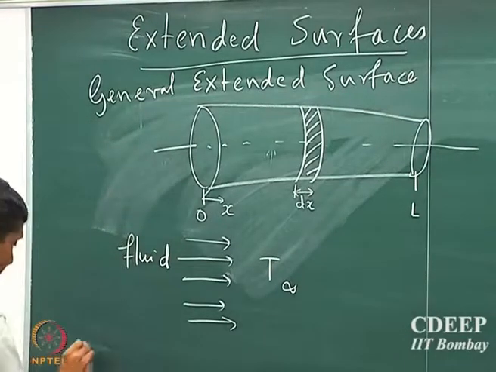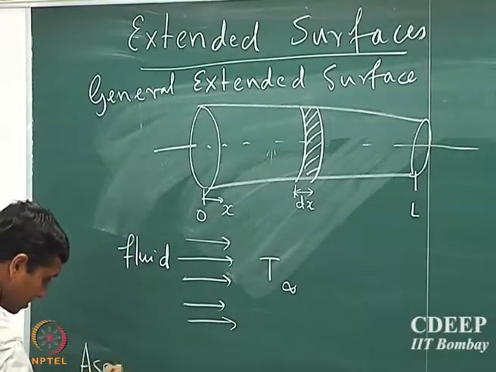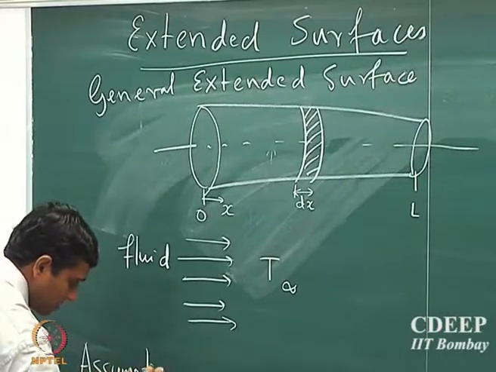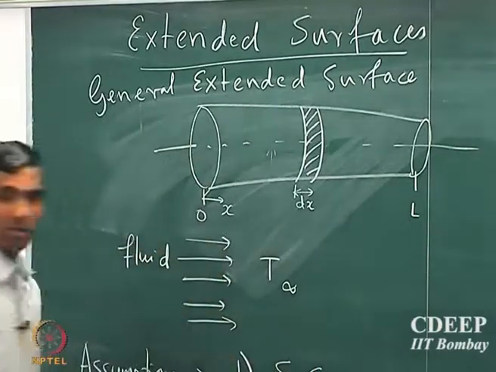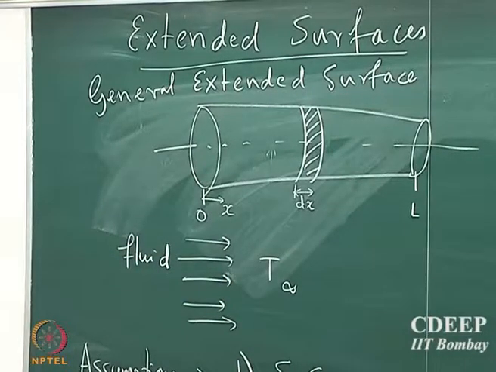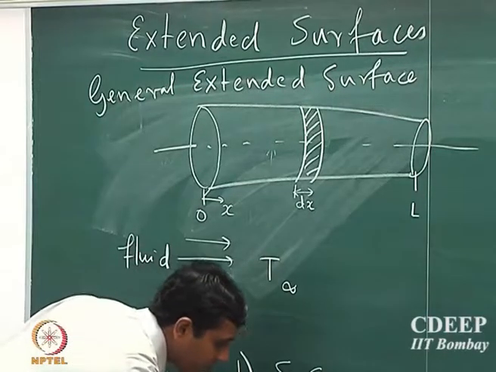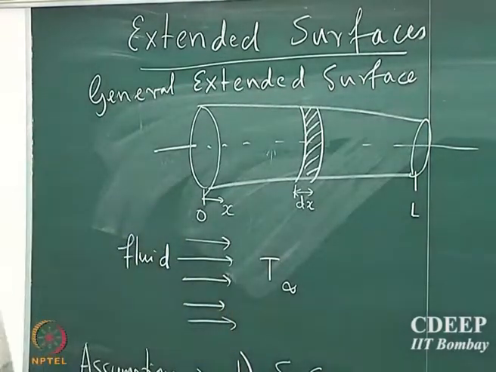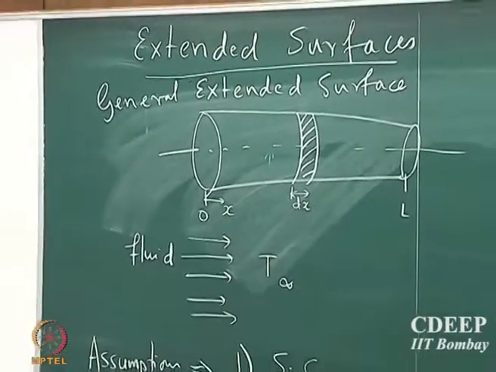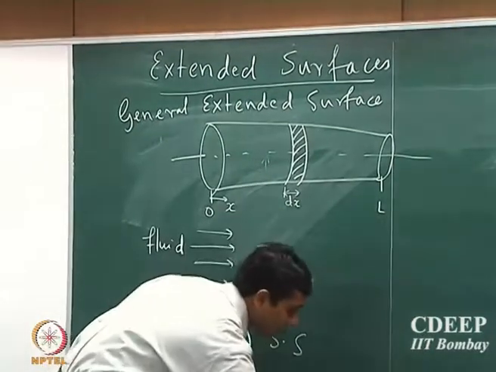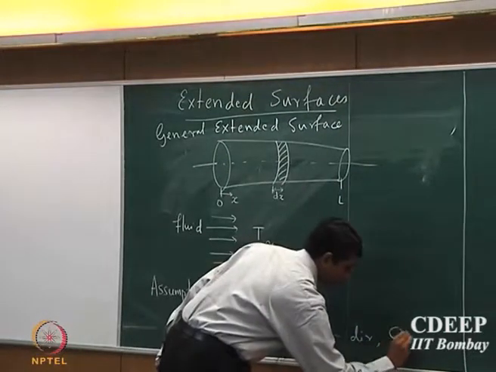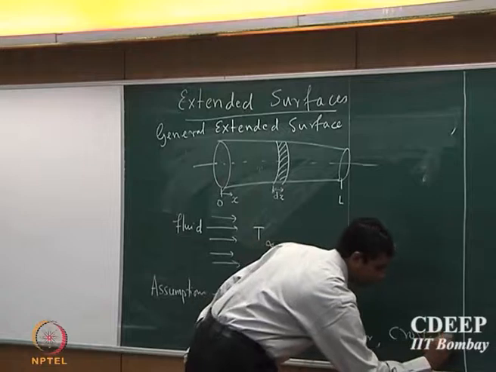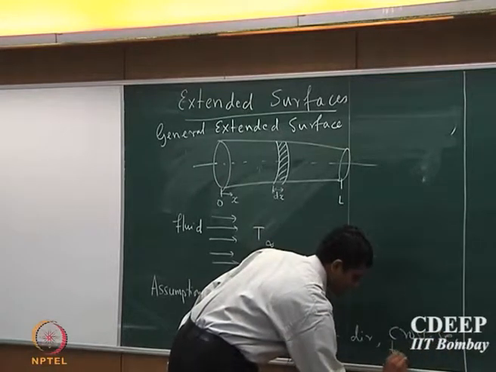Let me make a few assumptions: it's a steady state process, and the heat transfer is primarily one dimensional, which means that the heat transfer is only in the x direction, and I assume that the cross section temperature is uniform.